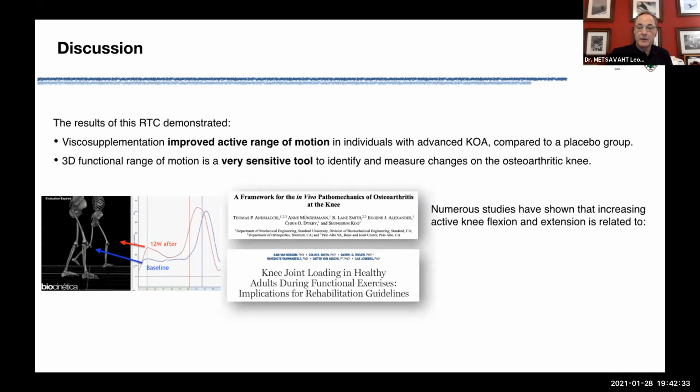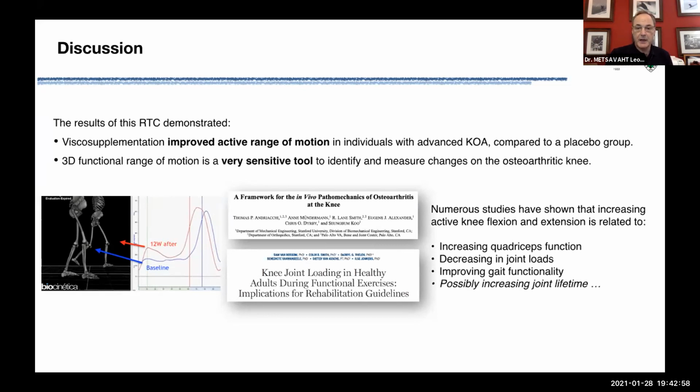And there are hundreds of papers showing that increasing active knee range of motion, extension and flexion, is related to increasing quadriceps function, decreasing joint loads, improving gait functionality, and possibly increasing joint lifetime.